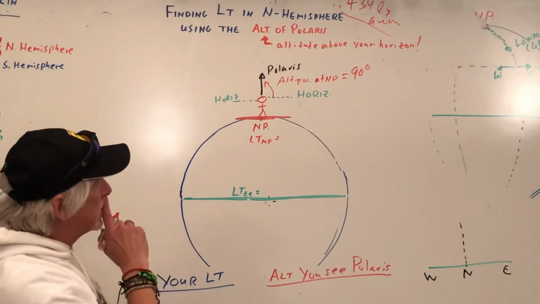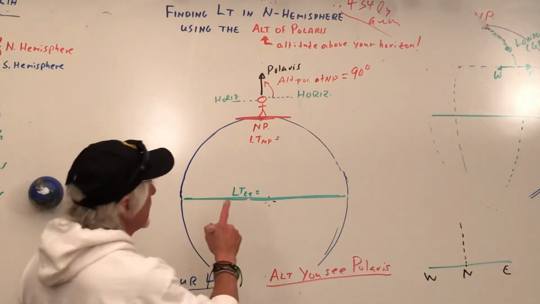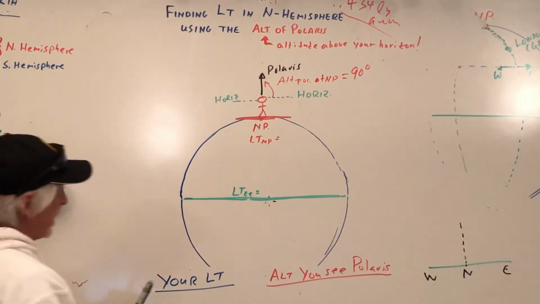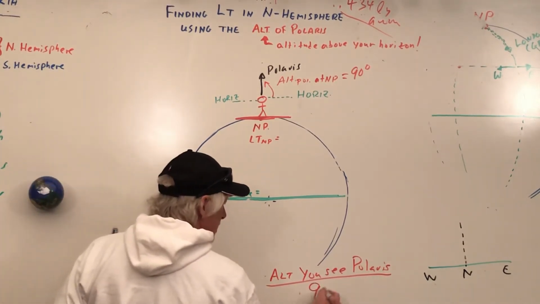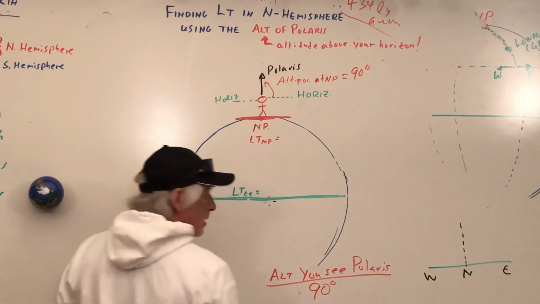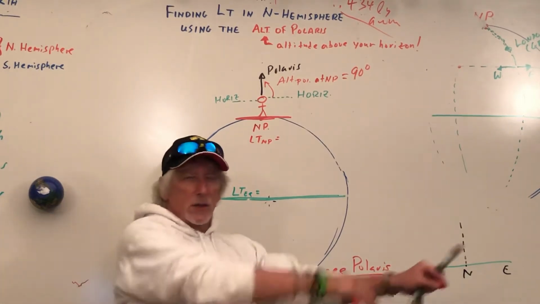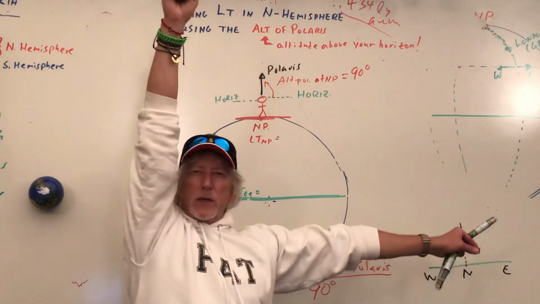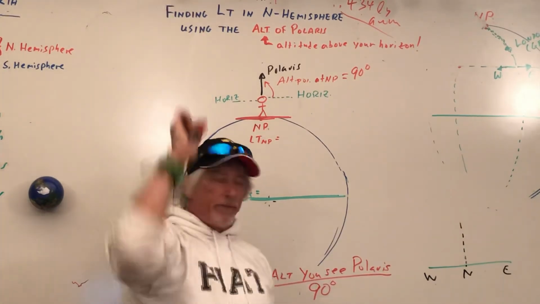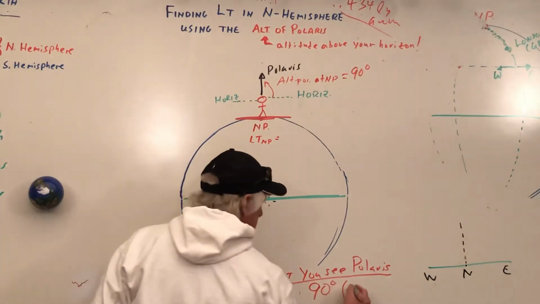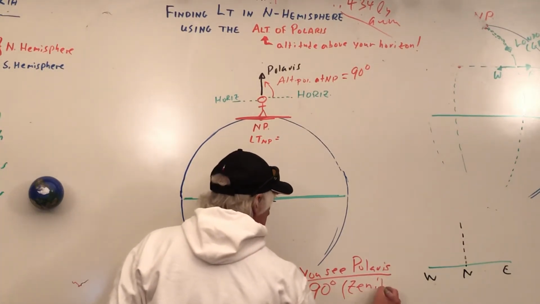Let me write that down here. The altitude you see Polaris is 90 degrees. What's that direction called when the altitude is 90 degrees, straight up? Zenith.